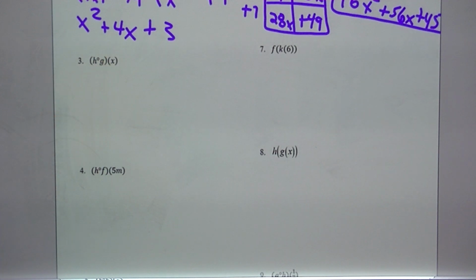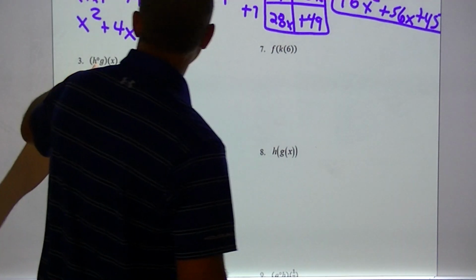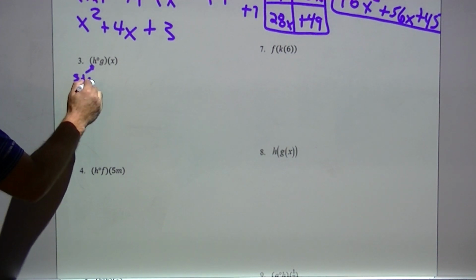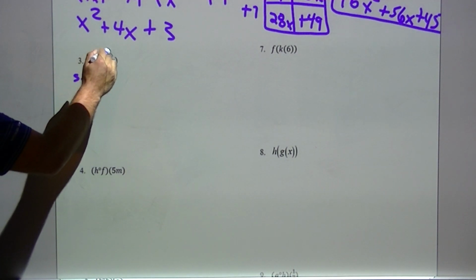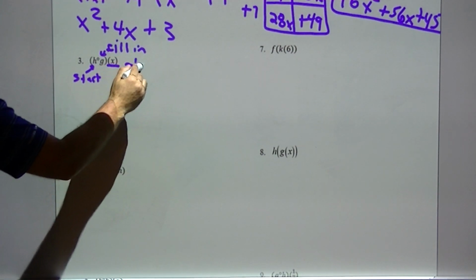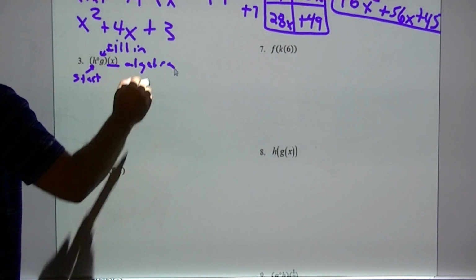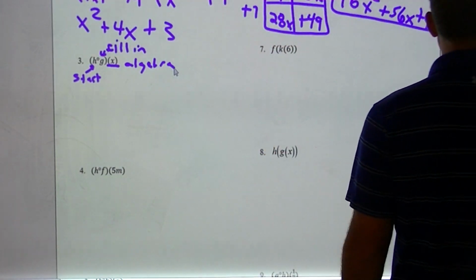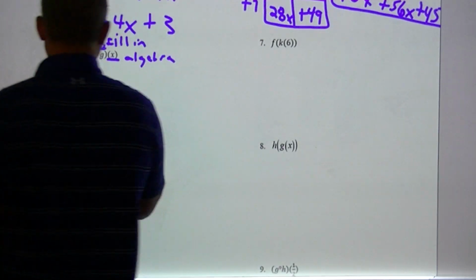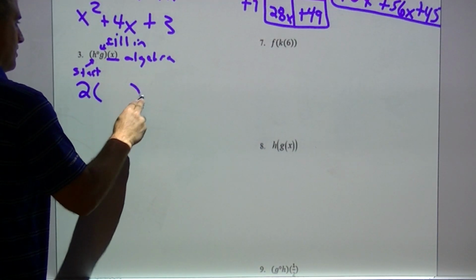H of g of x, okay? So even though it's written a little bit different, this is what I'm going to start with. This is what I'm going to fill in. This means I do algebra. So I'm going to start with h of x, which was 2x minus 1. So instead of 2x, I'm going to have 2 parentheses minus 1.